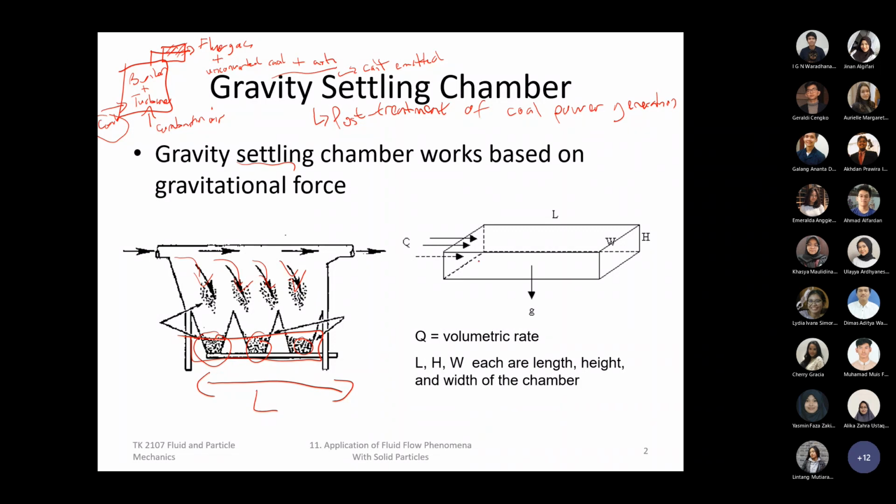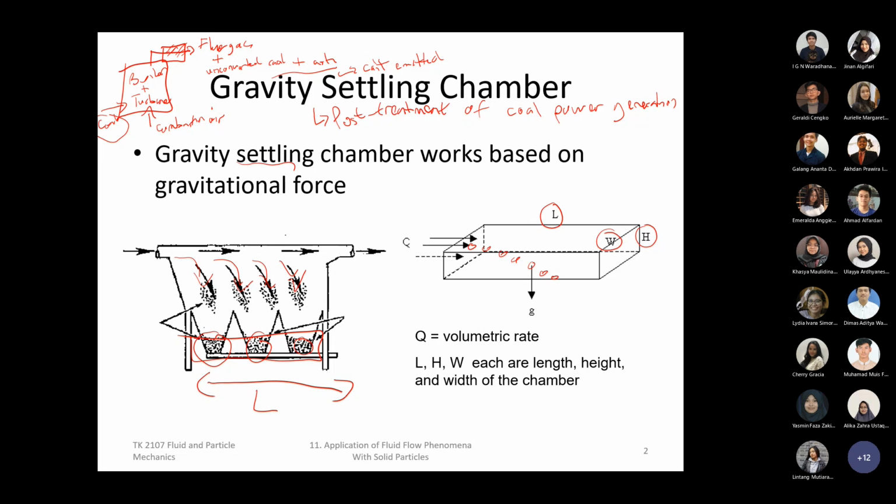Just imagine you can assume it as a rectangular shape, with this the length, this the height, this the width, and that's the direction of gravity. So you have a particle going downwards, and we have to make sure that the gravity wins.